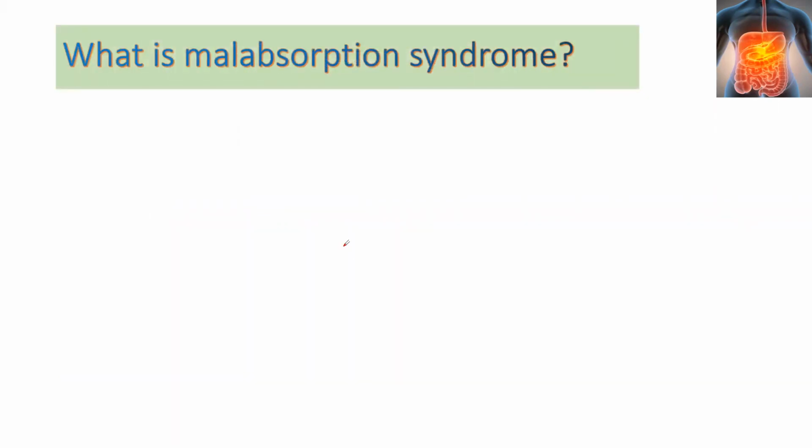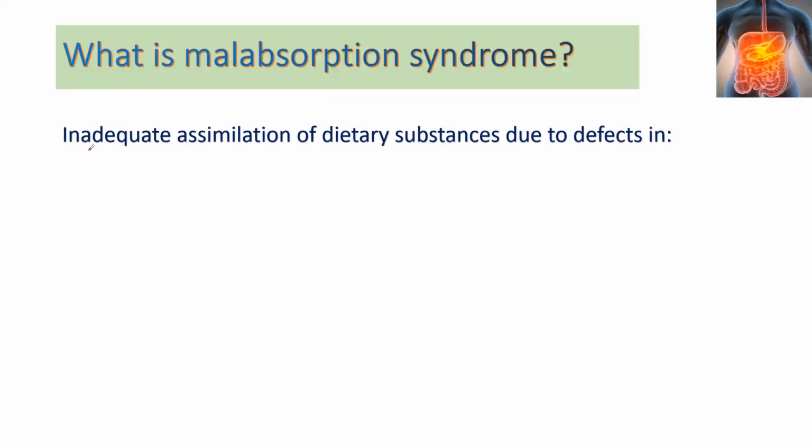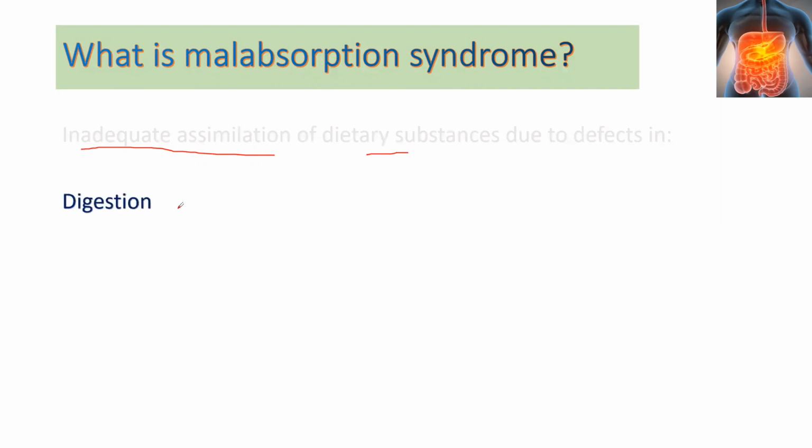First of all, we should know what malabsorption is. Actually, malabsorption is the inadequate assimilation of dietary substances like fats, proteins, and vitamins. And when there are defects in the digestion, the enzymes of the GI are not properly secreted in the system.